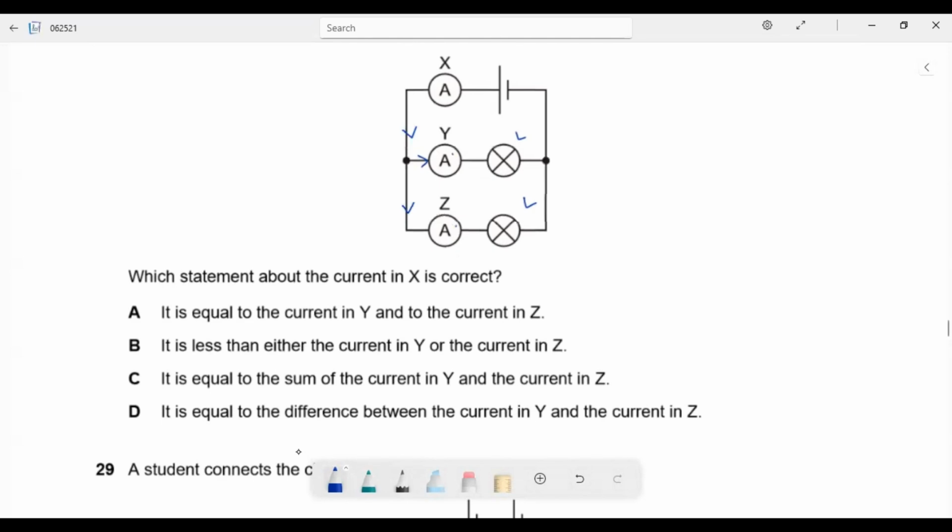So this current will be the sum of the current through Y and Z. So the right answer is C. It is equal to the sum of current in Y and the current in Z. It is getting split like this. So the total current is the sum of current through this path and current through this path.